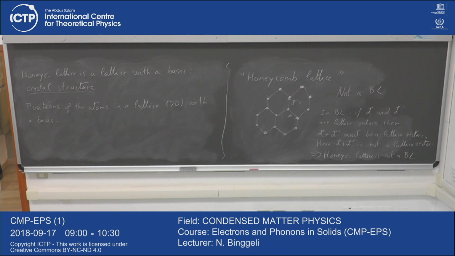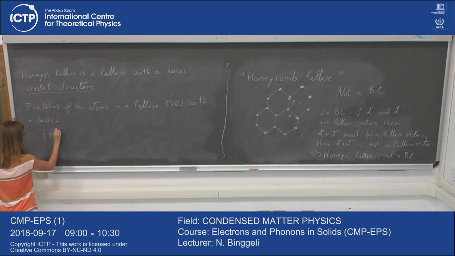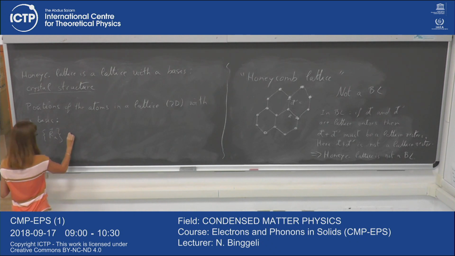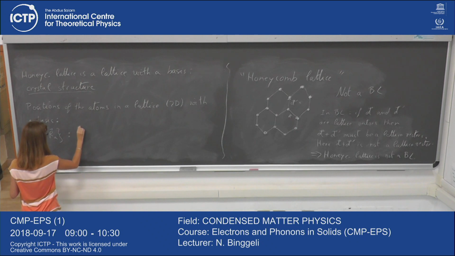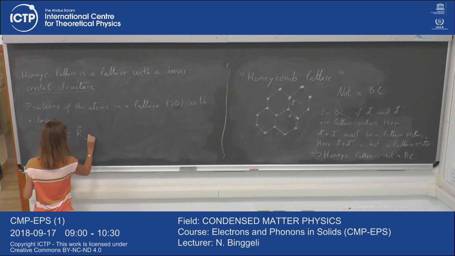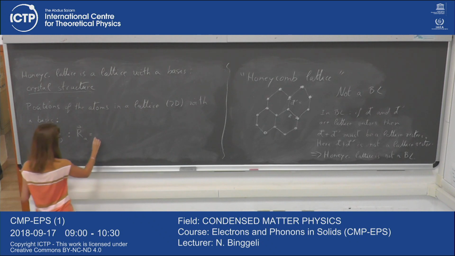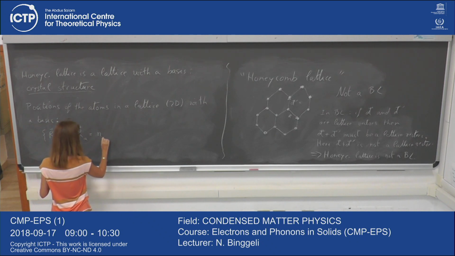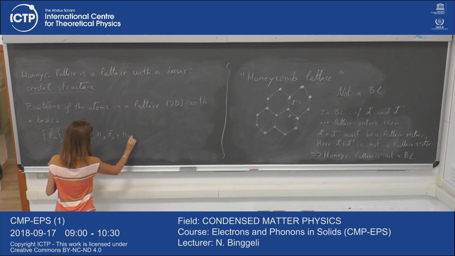So in 2D, the positions of the atoms in a lattice with basis are given by the point R_i, where i is for atom, equal to N1A1 plus N2A2.